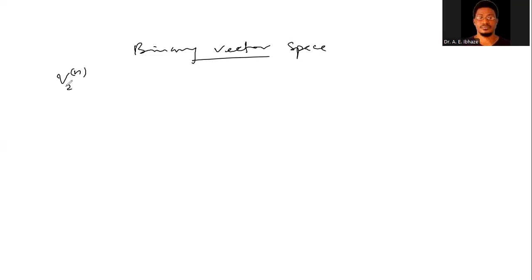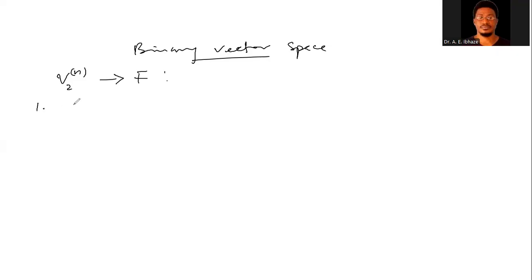So we now say that this vector space V will exist over a finite field F if the following conditions are satisfied. So this binary vector space will exist over the finite field if these conditions hold.